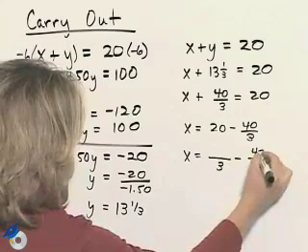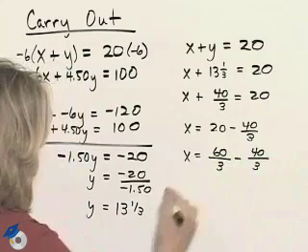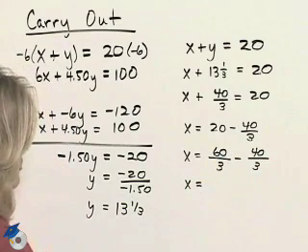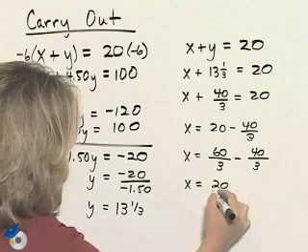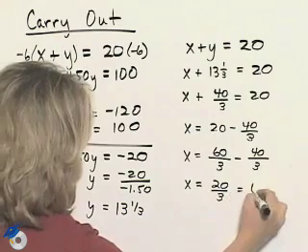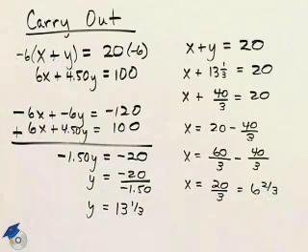This is 40/3. 20 is actually 60/3. And so we get x is equal to 60 minus 40, which is 20/3. Converting that to a mixed number is 6 2/3.